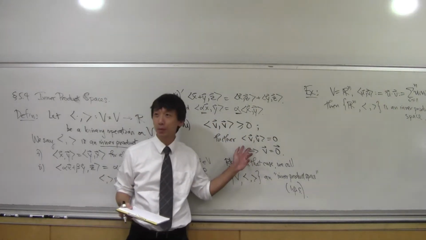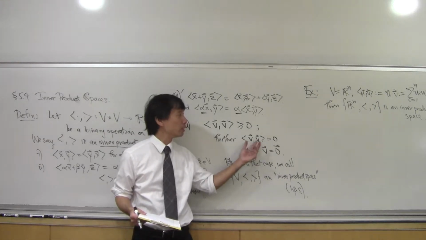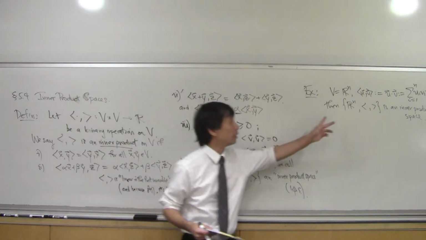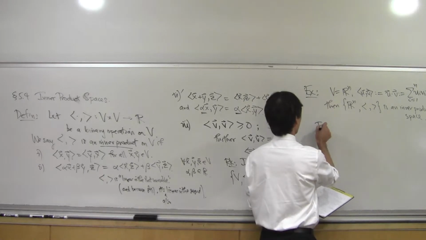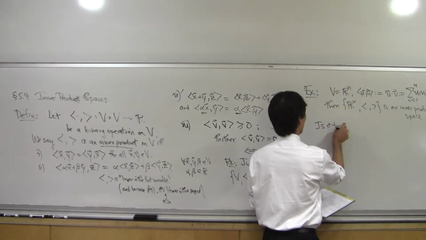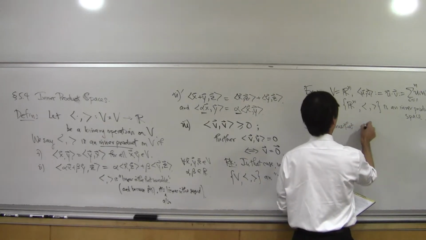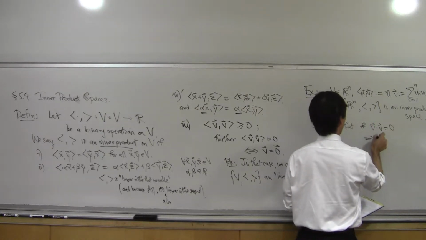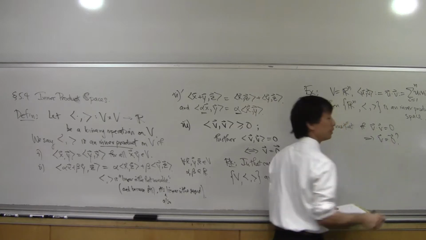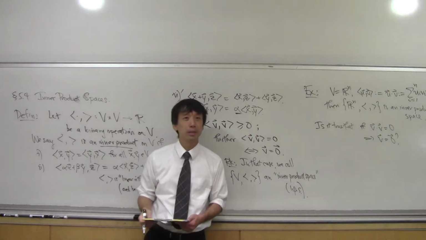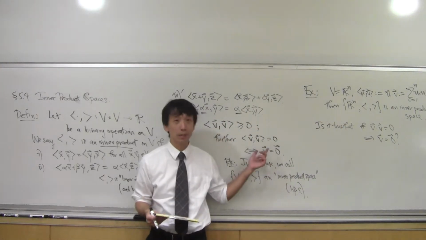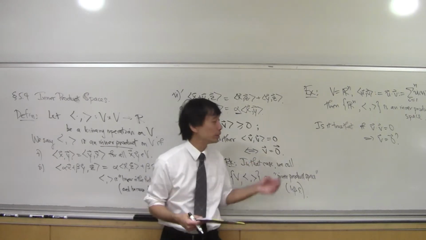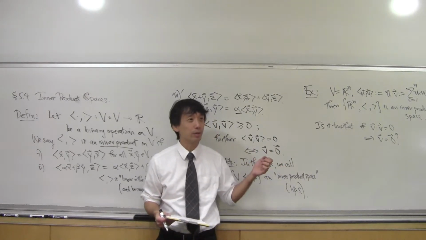Let me just ask you one question. Is it true that if v dot v equals 0, then v is the 0 vector? You have two Euclidean space vectors, you take the dot product, you get 0.